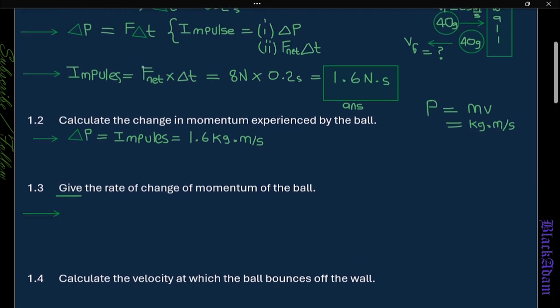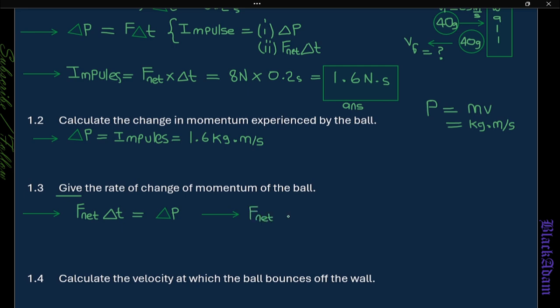Now to give the rate of change of momentum of the ball. Net force multiplied by change in time is the change in momentum.